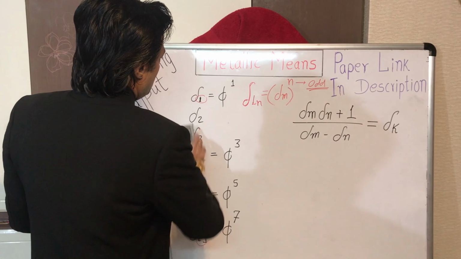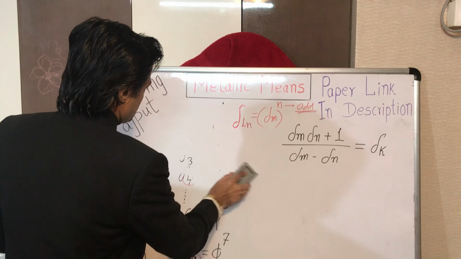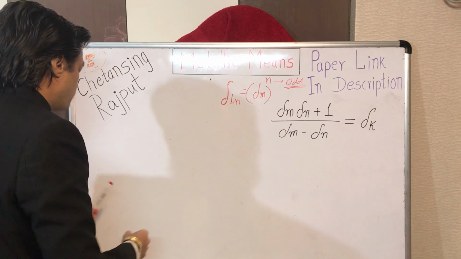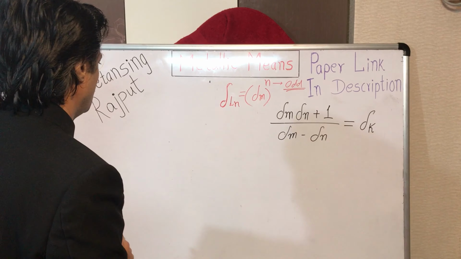Just like we have the Fibonacci and Lucas sequences corresponding to the golden ratio, we have integer sequences and corresponding Lucas sequences for other metallic means also. Say if n is equal to 1, 2, 3, 4, 5 and so on, then for the silver ratio, for delta 2, we have the Pell-Lucas sequence.